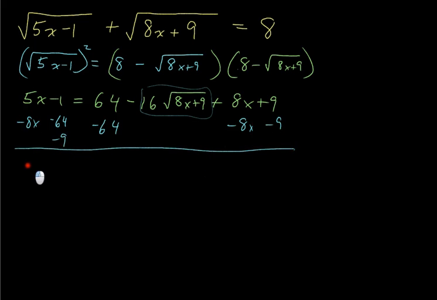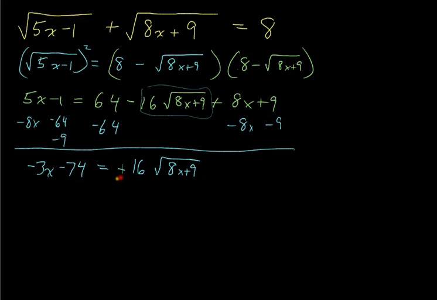So we've got negative 3x minus 10 minus 74 is negative 16 root 8x plus 9. Sadly, 16 does not divide into these two, so we can't make it easier like we did last time.